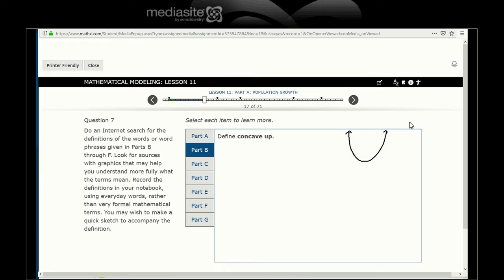Concave up can be loosely defined as the slope of a tangent line.